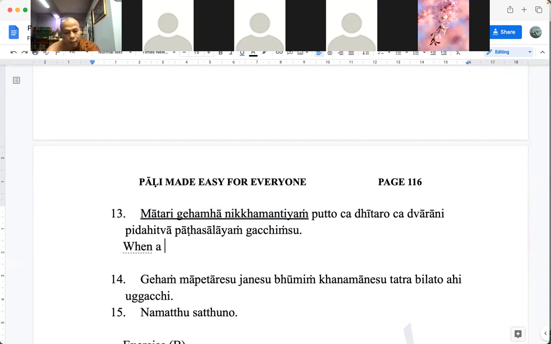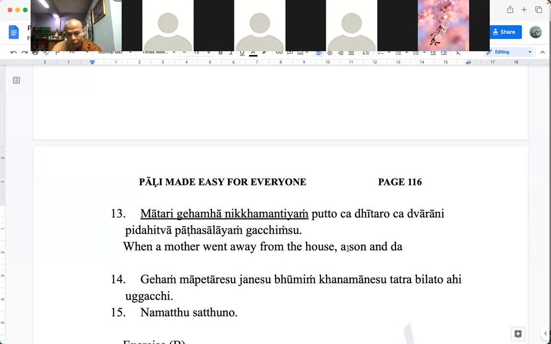So, when a mother Nekamandi Yan went away, go away, because the member is past, got changed, that is right. Went away, Gehama, so from the house. Okay, so both door, so ascends, and Bodoja, and Didaroja, daughters.